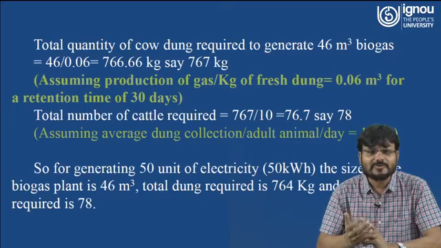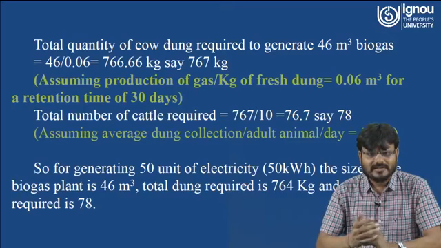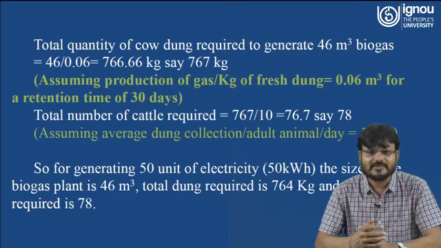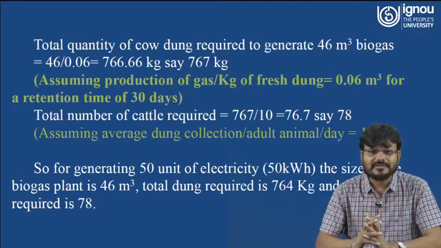Now how will you collect this 766 kilograms of cow dung? You need a number of animals. We are assuming that average dung collection per adult animal per day is 10 kilograms. That means one animal gives 10 kilograms of cow dung per day. So the total number of cattle required is 767 divided by 10, which comes to 76.7, nearly 78.